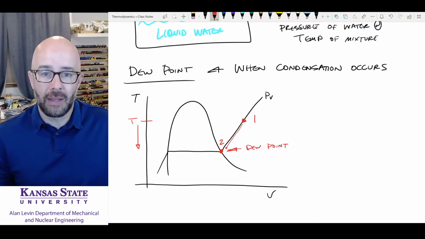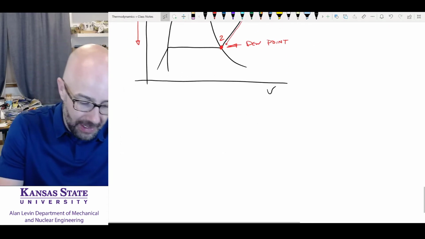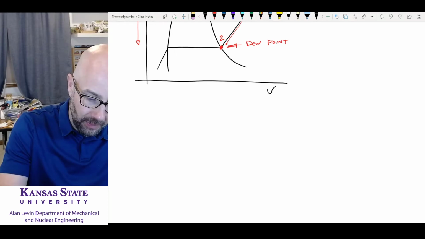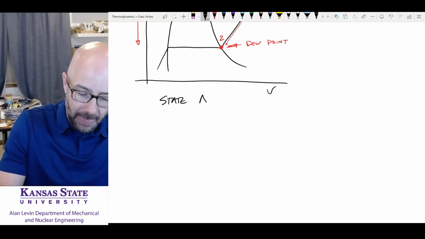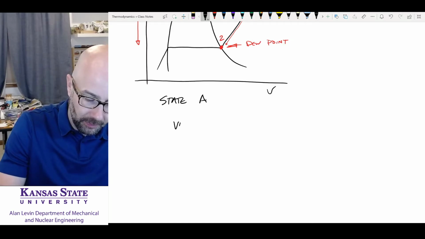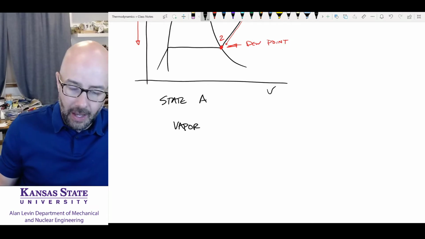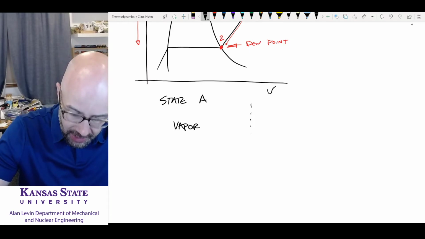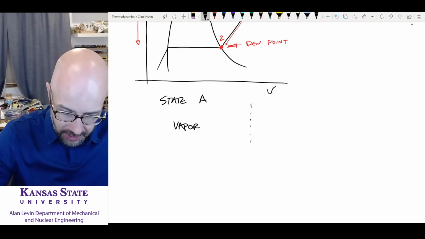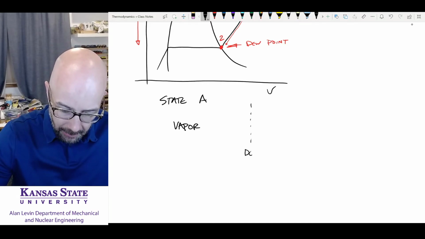So if you have that in your problem, that state A is a vapor, we have to see if it crosses this boundary, which is the dew point.